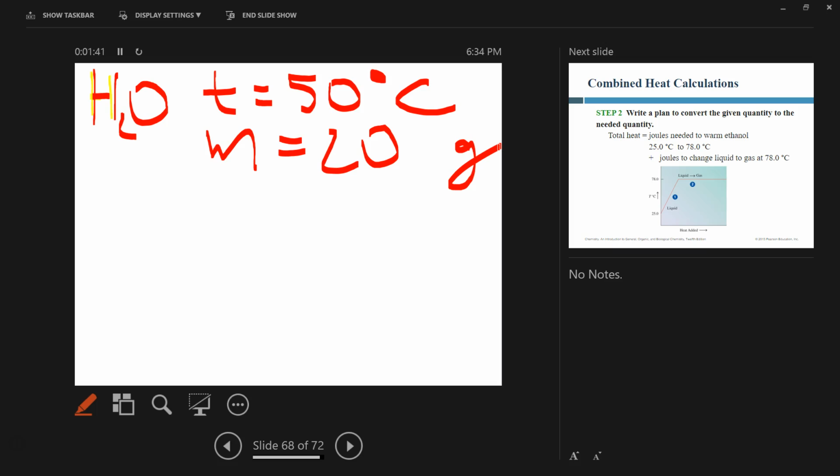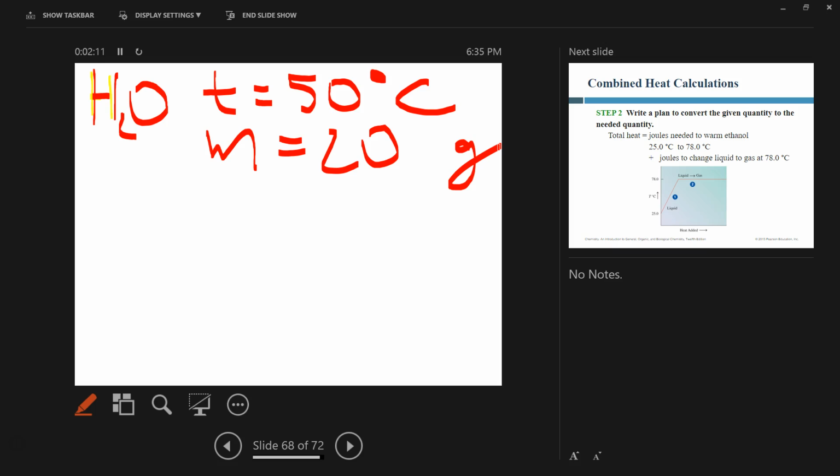Math will come later. You have 50 degrees Celsius water. To evaporate it, what do you need to do first? Heat it. To what point? Boiling. And then you need to boil it until it all evaporates. So you've got two distinct processes. Heating it up. Does that make sense? And boiling. So you've got to use two heats.